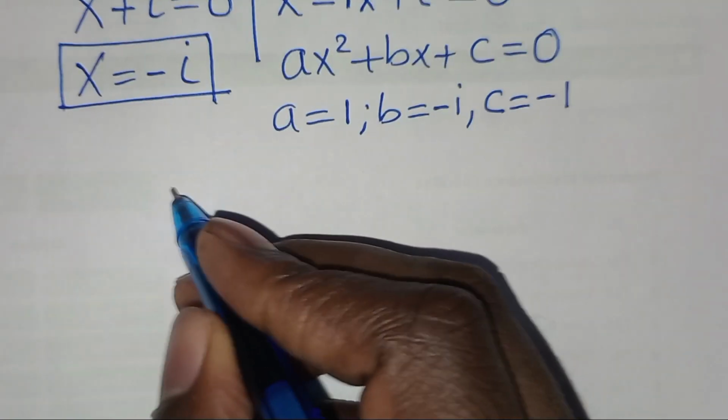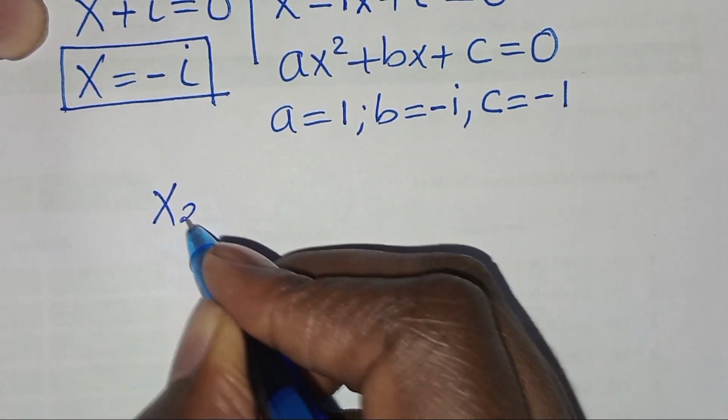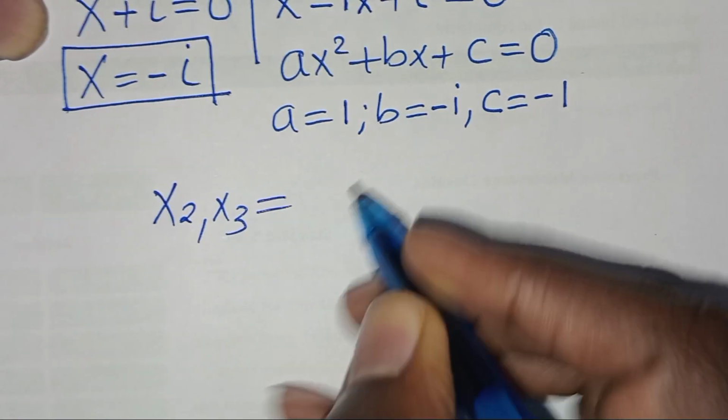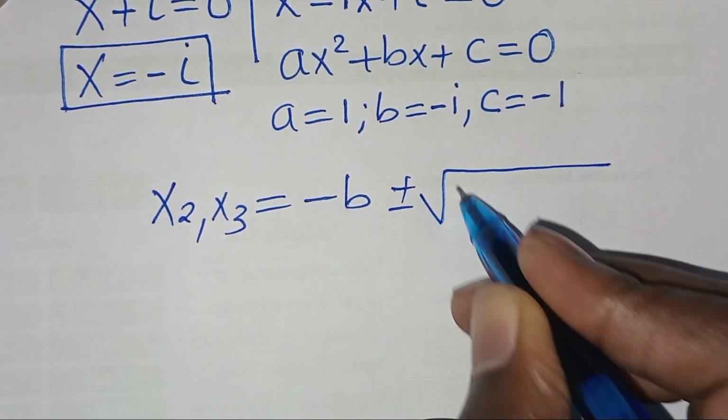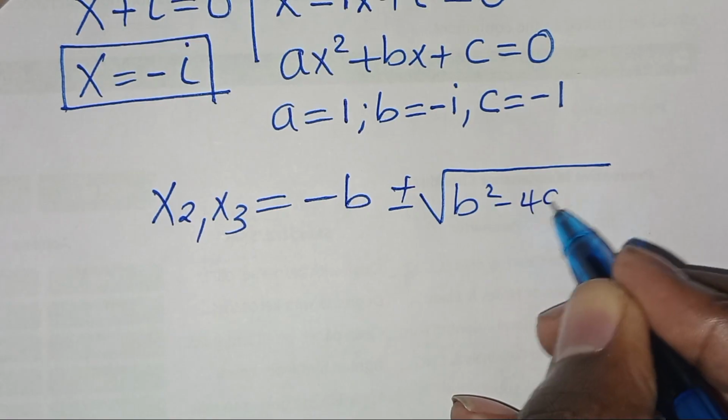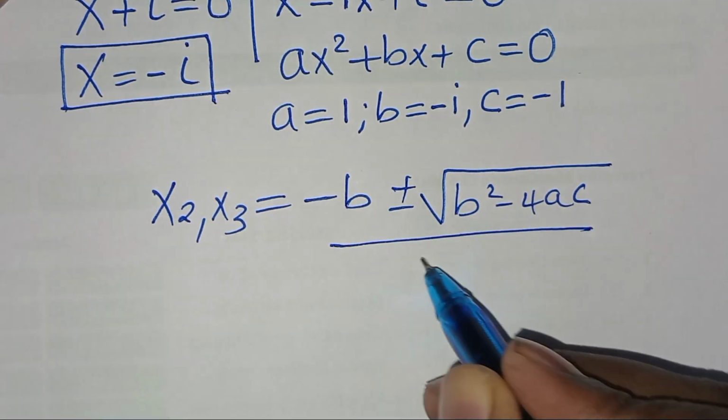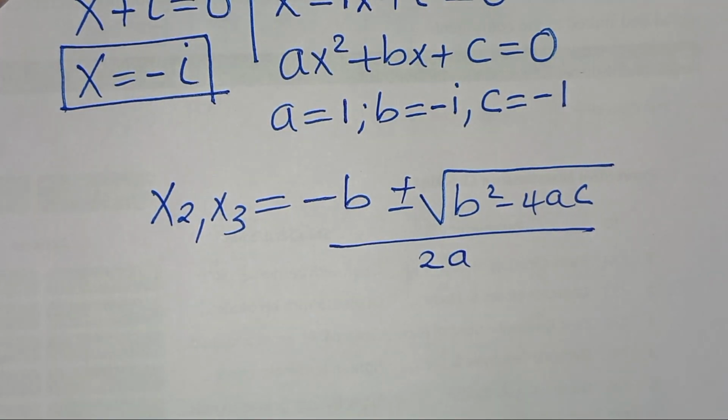So applying the quadratic formula, that is x2, x3, this is minus b plus or minus the square root of b squared minus 4 times a times c, divided by 2 times a.